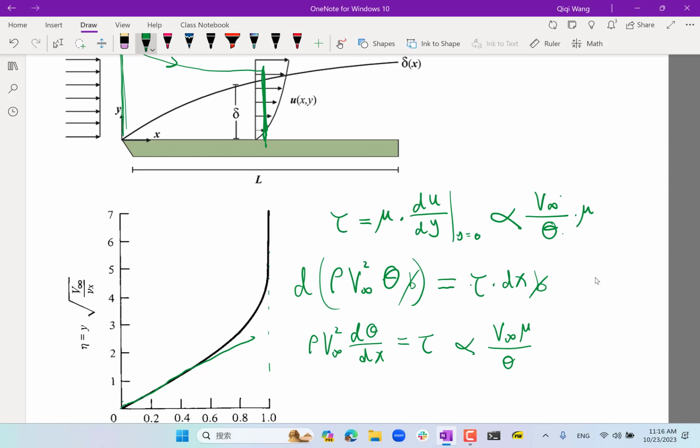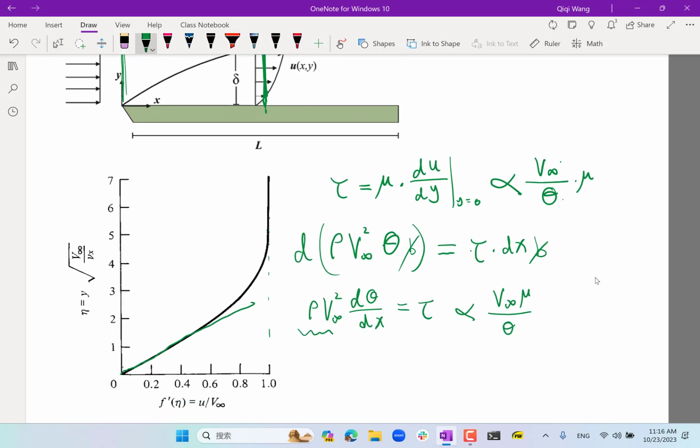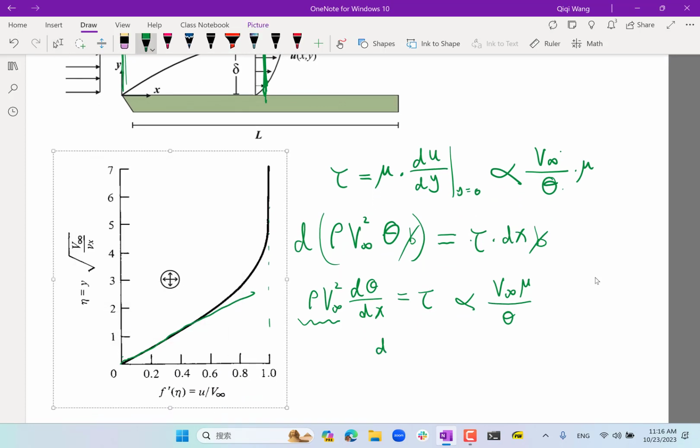Okay. So now if we normalize both sides by rho v infinity squared, what we get is that d theta over dx is going to be proportional to mu over rho v infinity, and there is a theta, right? Agreed?